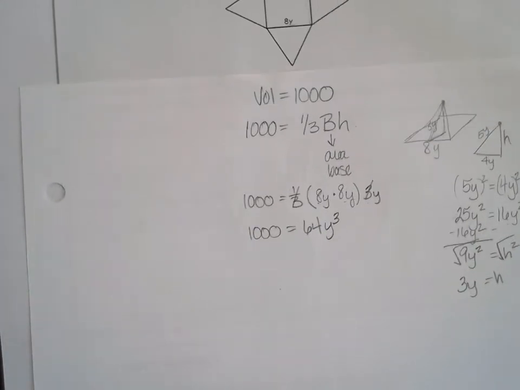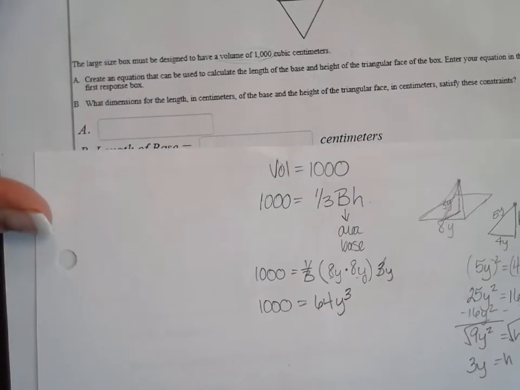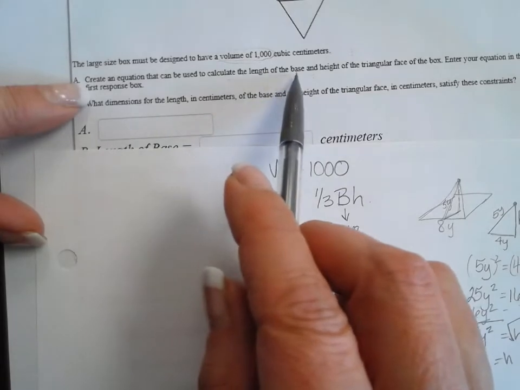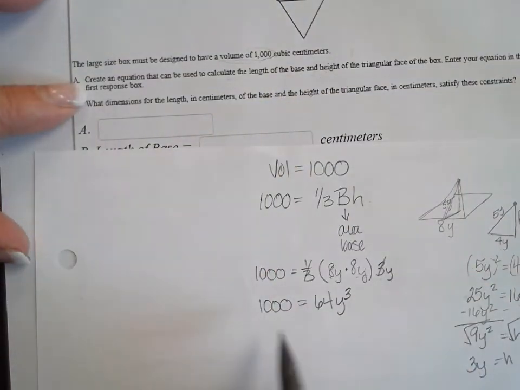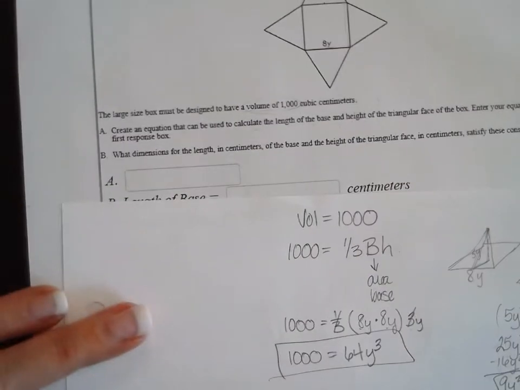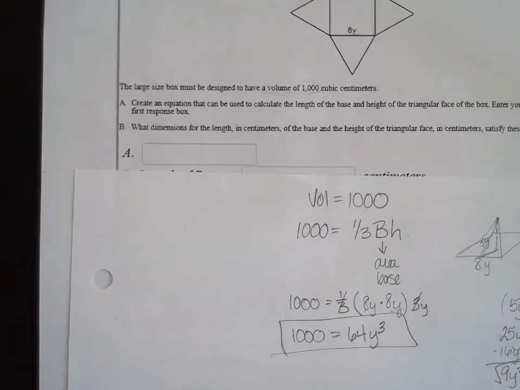Okay, so what's the first question asking me for? Write an equation to calculate the base and height. There you go. There's my equation. Okay, good. Are you with me on that?